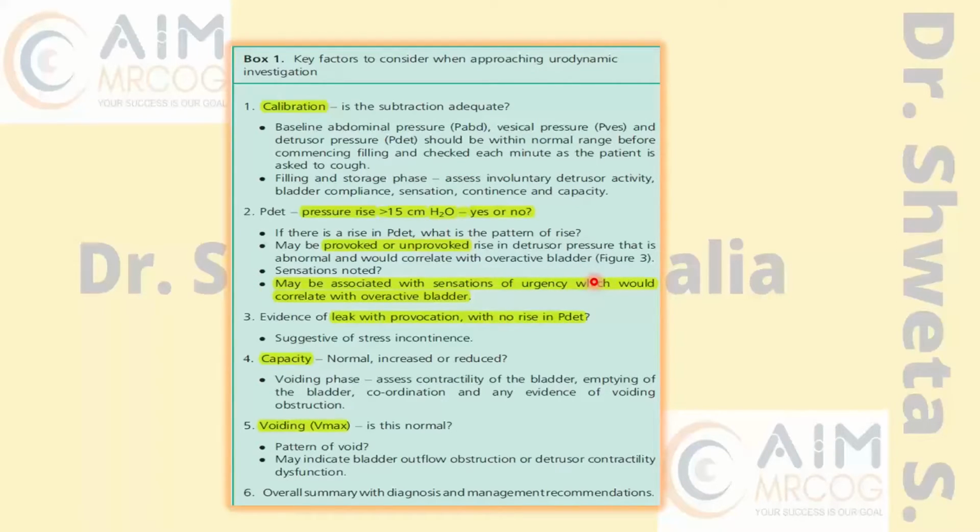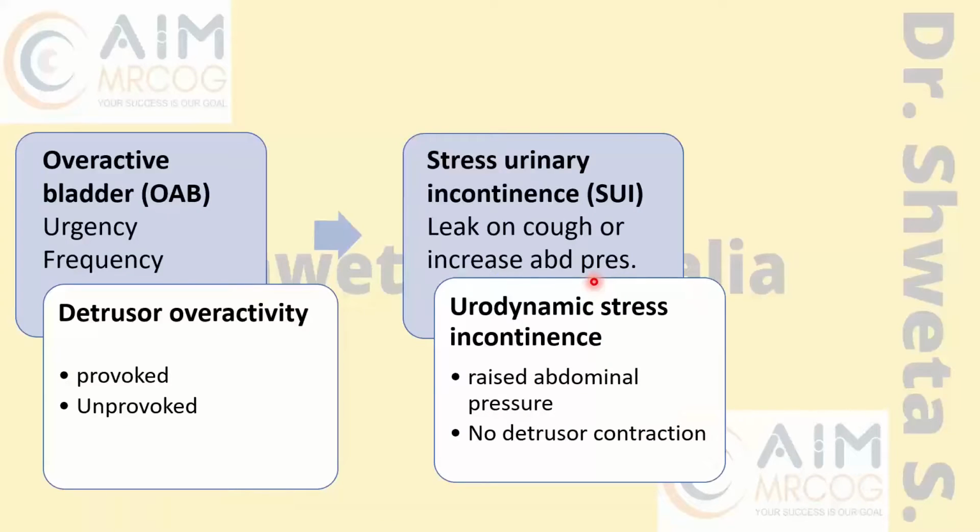So we saw how you will interpret the urodynamics. Now, again, overactive bladder is a clinical thing. Detrusor overactivity is a urodynamic thing, which could be provoked and unprovoked. Stress urinary incontinence is a clinical thing. Urodynamic stress incontinence is a urodynamic thing. See, in the question, they will give you that she's leaking while coughing.